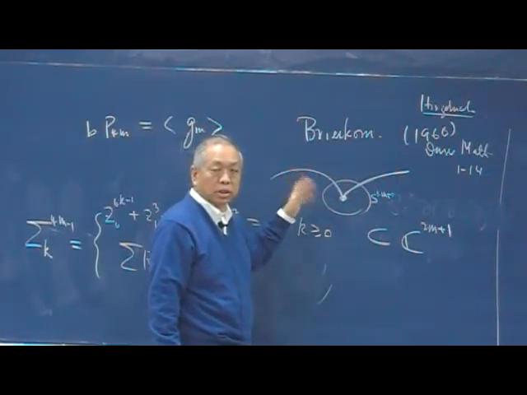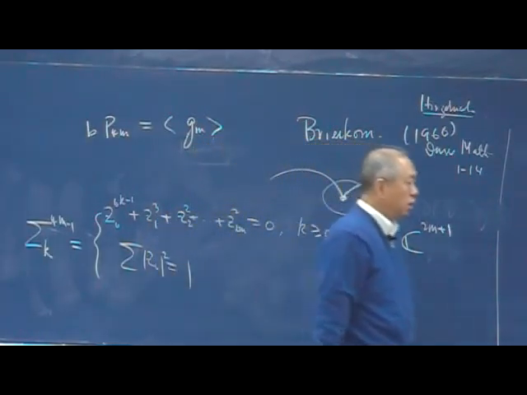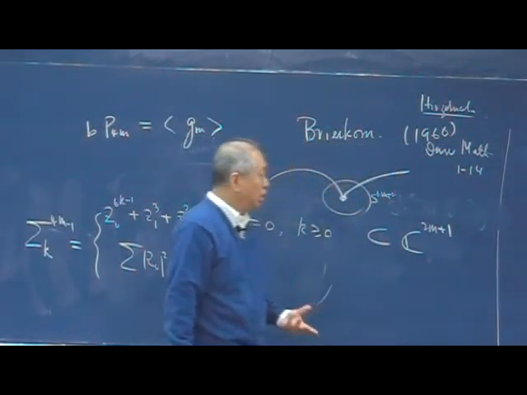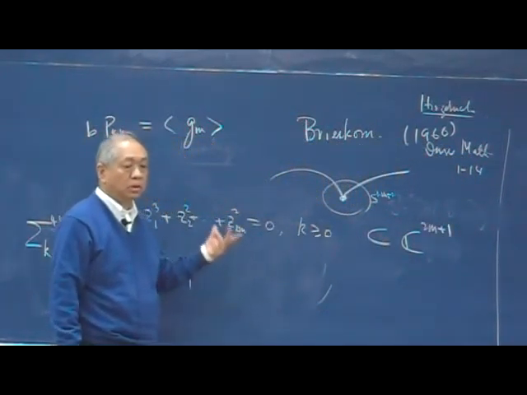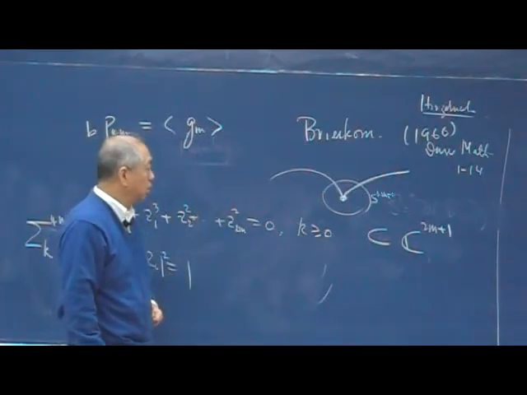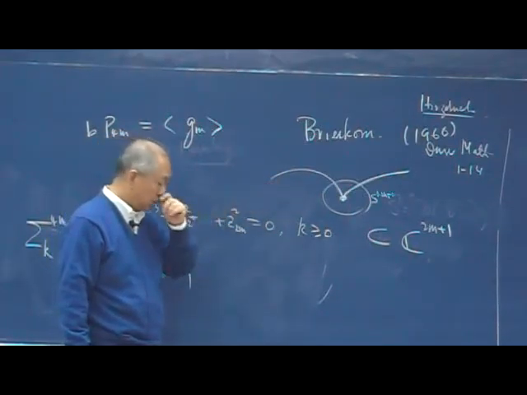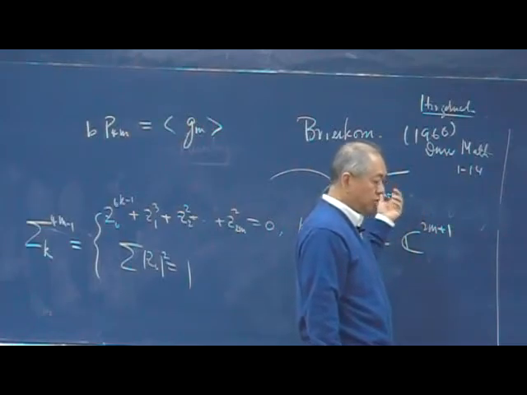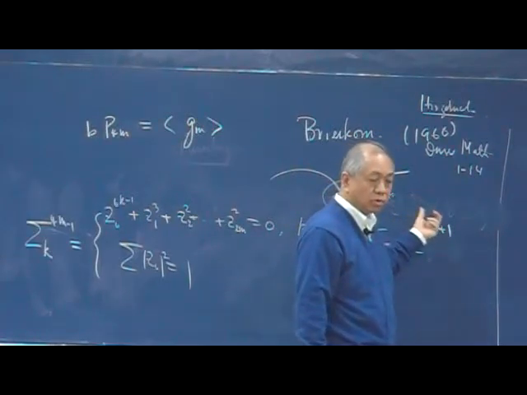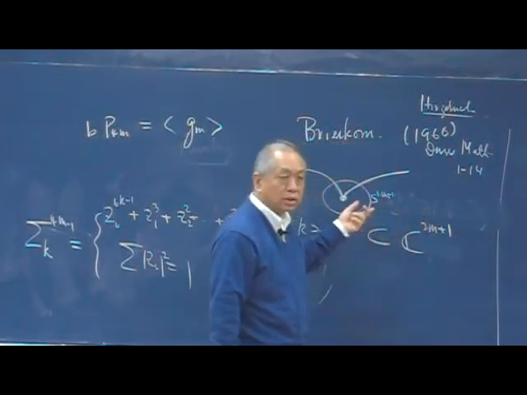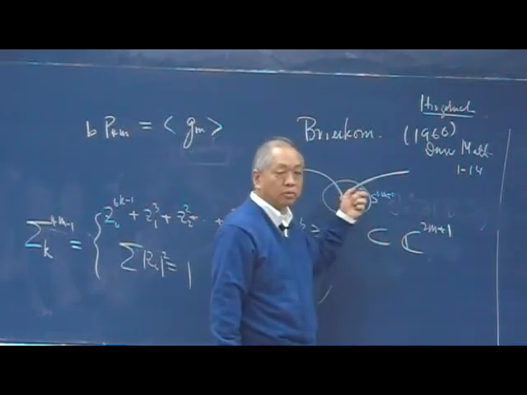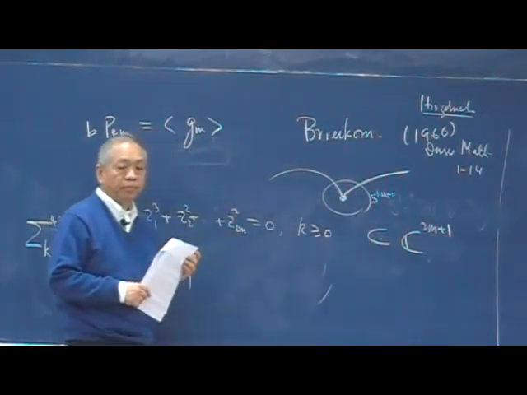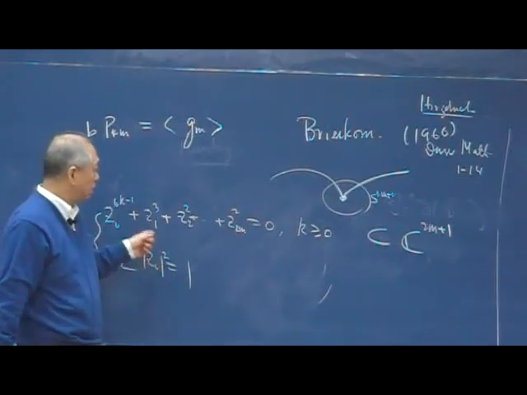So in high dimension, which is different from complex dimension one, where topology determines the structure, in the sense that if the singularity is non-trivial then it's topologically non-trivial, here topologically it could be trivial, and yet it is a non-trivial singularity.